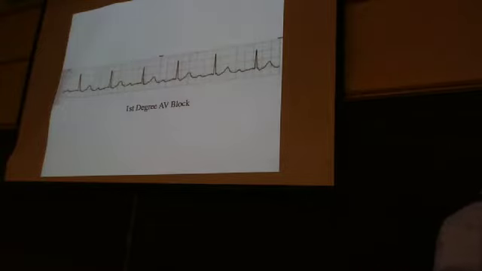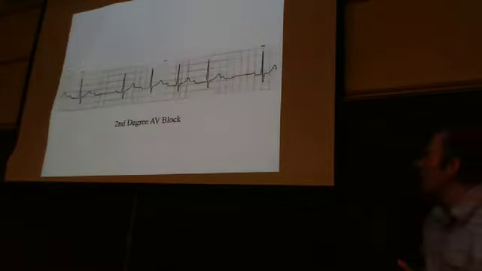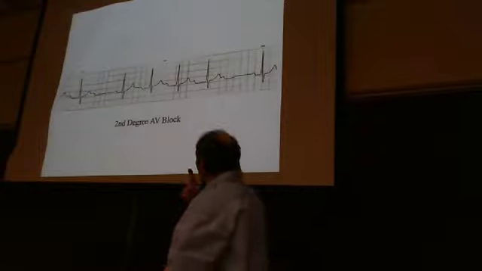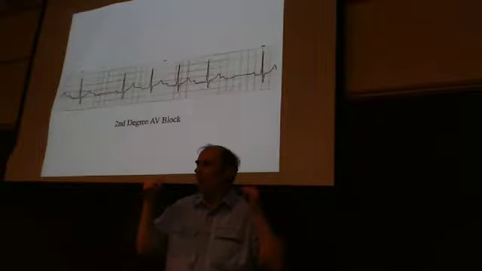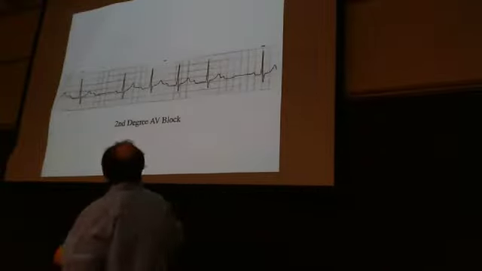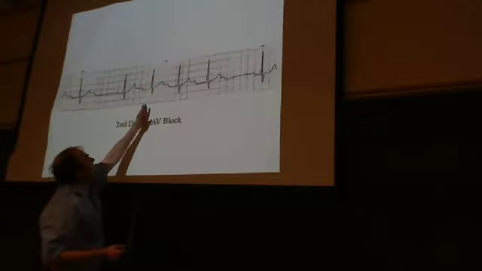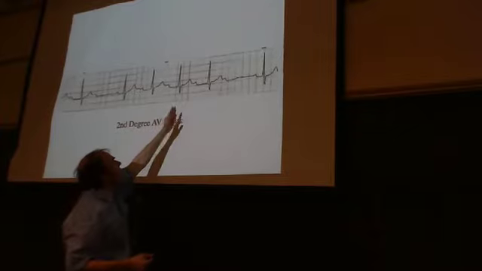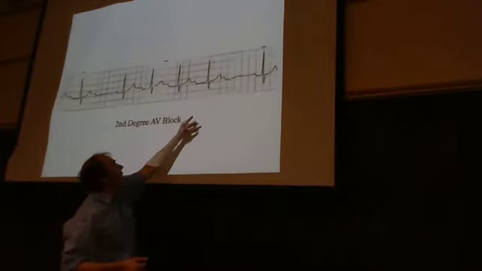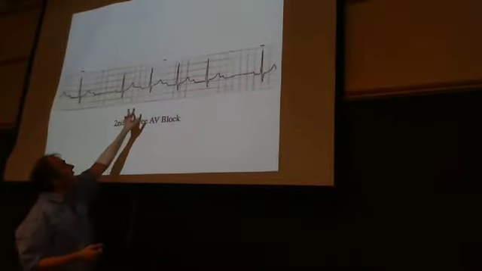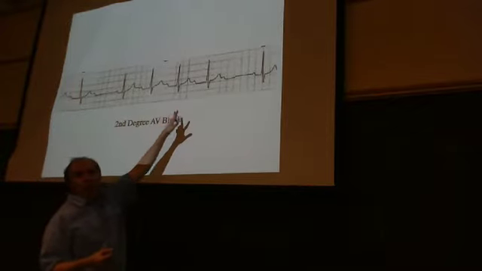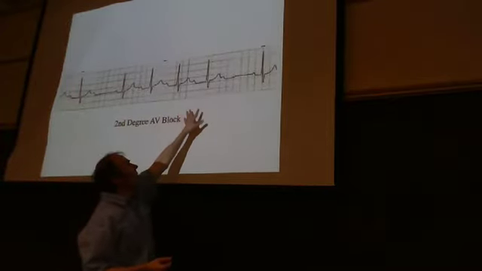All right, so it does get worse, and here's what we have: second degree AV block. This is the one that we talked about in one of those homework problems. Let's start here. PQRST, PQRST, PQRST. But notice the P is getting a little longer before the QRS. Longer still.